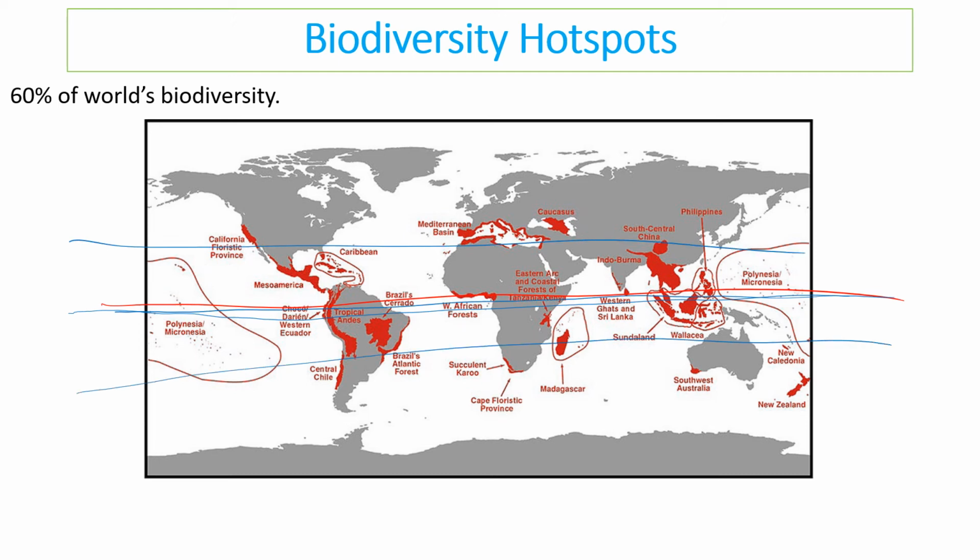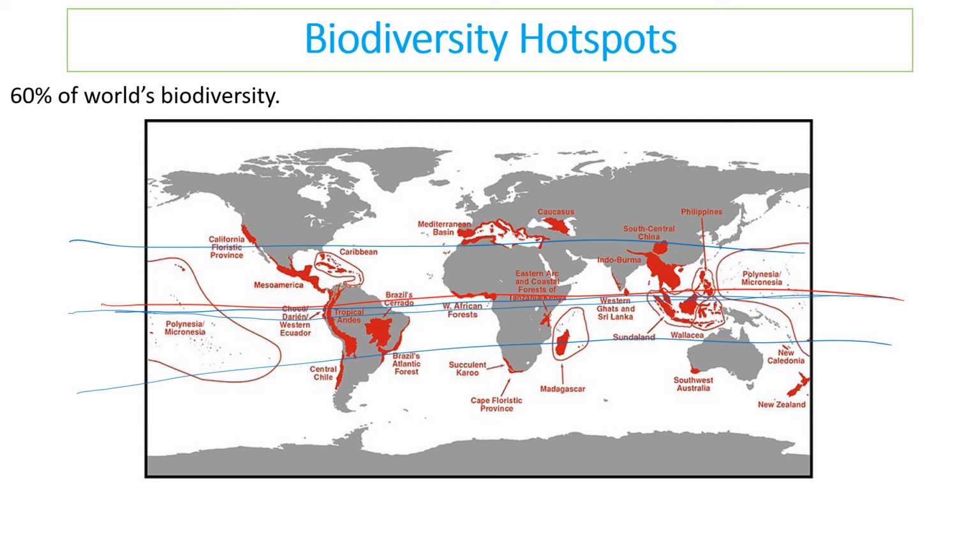The reason you get more life in these regions is because we have a lot of insolation in this area, which is sunlight hitting the land or the sea, and therefore you get higher temperatures. If you get higher temperatures, you get higher rates of decay. If you get higher rates of decay, you get more nutrients in the soil, and because it's tropical, you get more water, and therefore it allows the start of the ecosystem to be more successful.